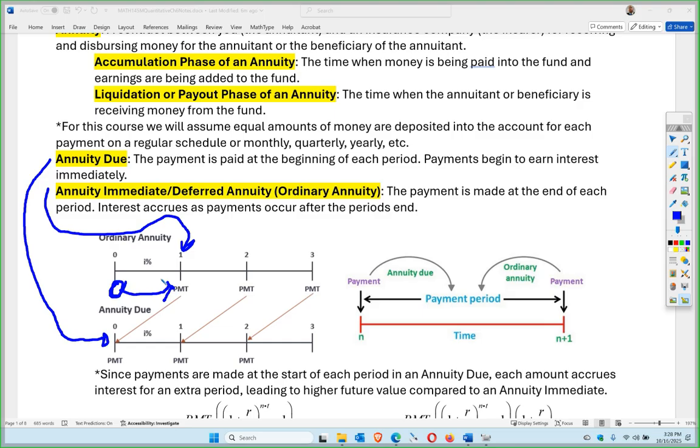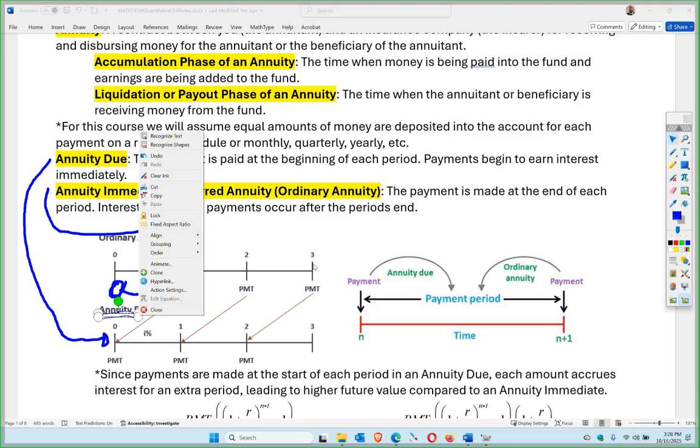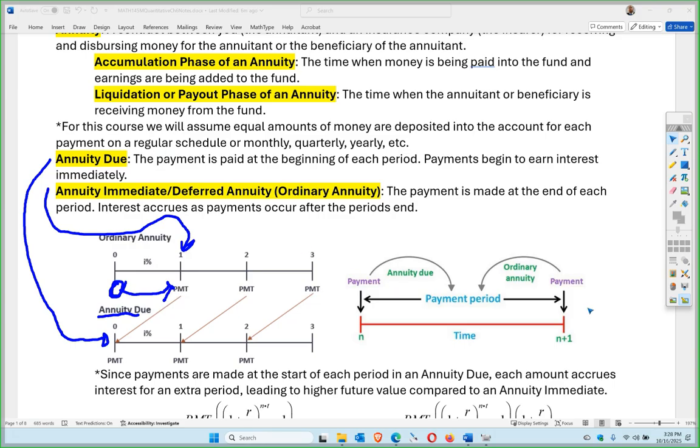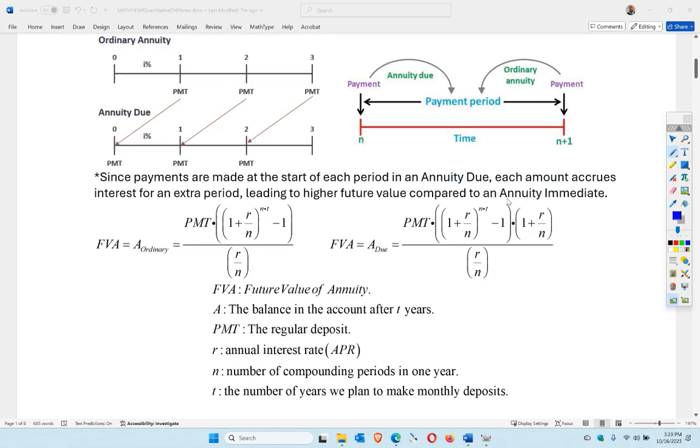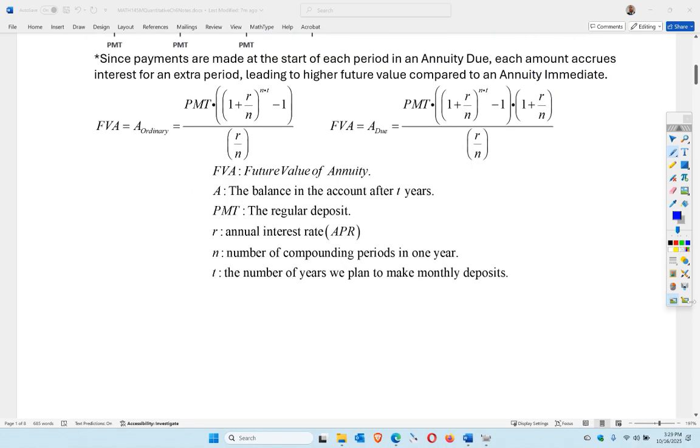The benefit of the annuity due is you get more interest because there's money in there immediately, so you actually make more, but we're not doing that type. It's just a matter of n versus n plus 1. That's really the only difference. We're only going to do regular annuities. If you Google it online, you see some differences, and that's why. The formulas are very similar.